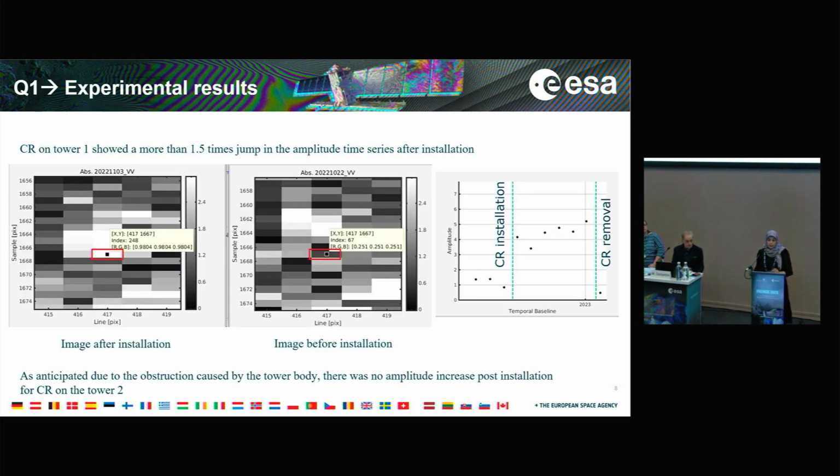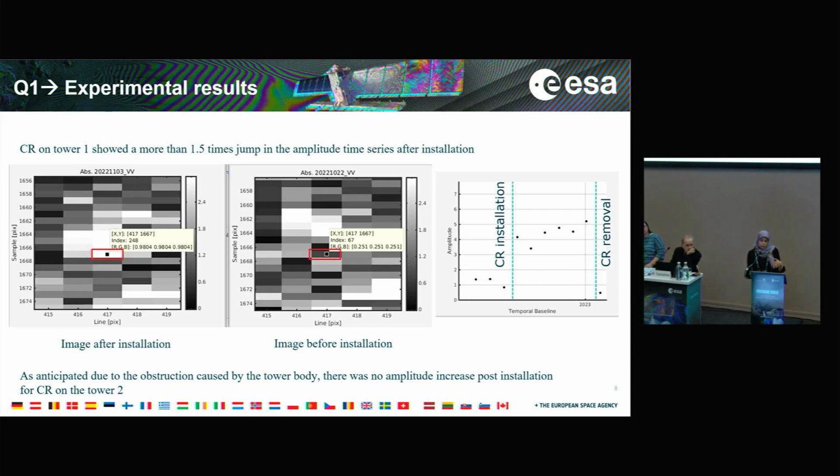So if we look at the SAR image in the area of the installed corner reflector, for 1 image after the installation on the left-hand side, and 1 image before the installation in the middle, we can see the bright signal coming from the corner reflector on the tower on the amplitude map.